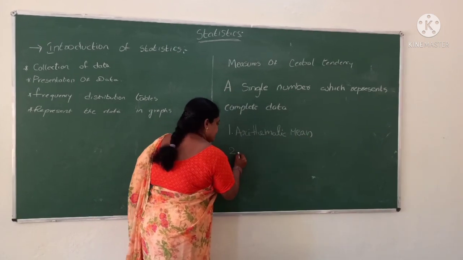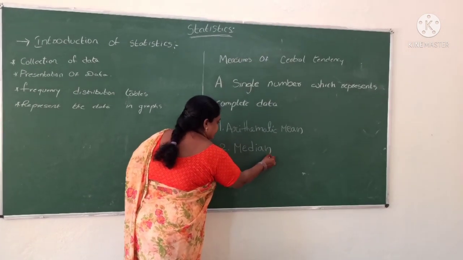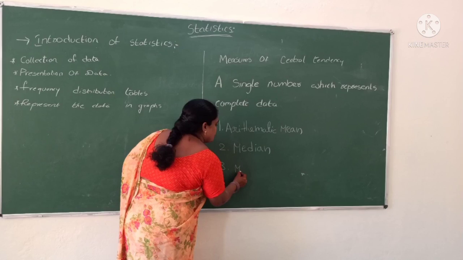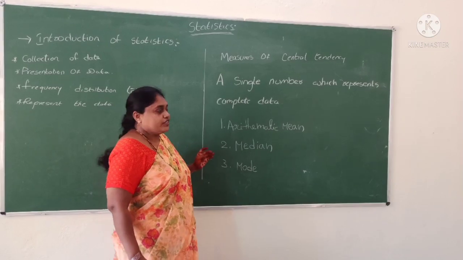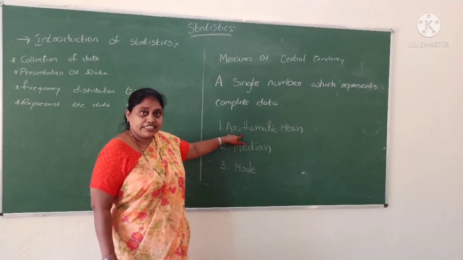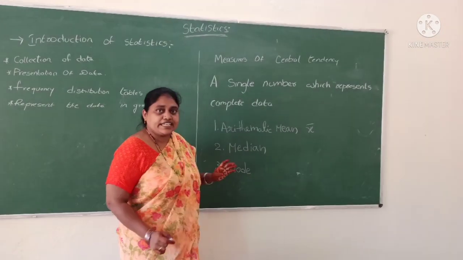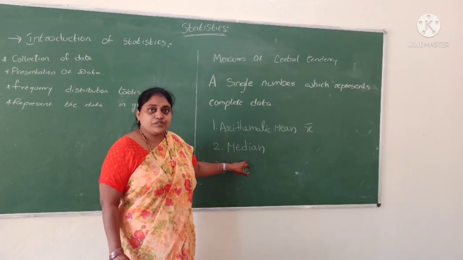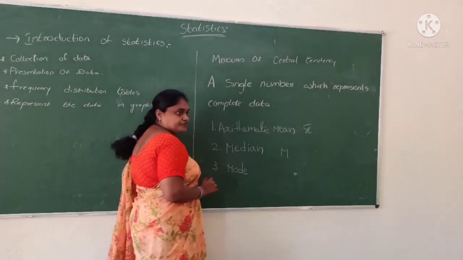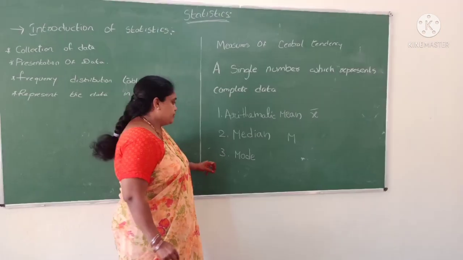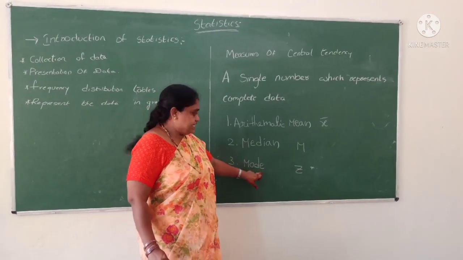The second one is median, represented as M. And the third one is mode, represented as Z.